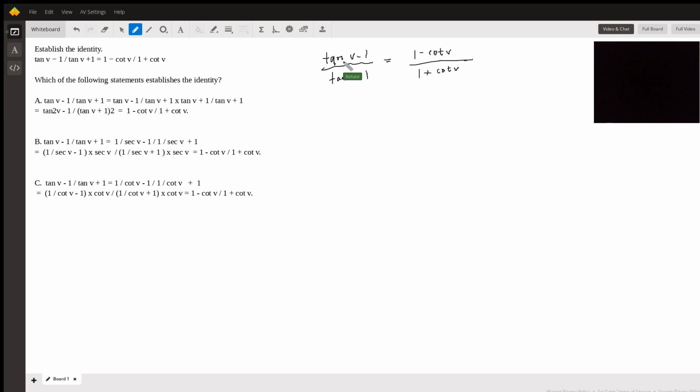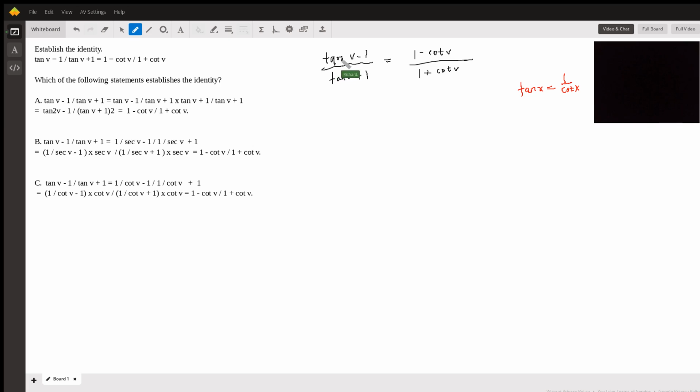I'm just going to choose this one, and we're going to use a very simple identity from trigonometry. You just have to know that the tangent of x is just 1 over the cotangent of x. You would have learned this early on in trigonometry.